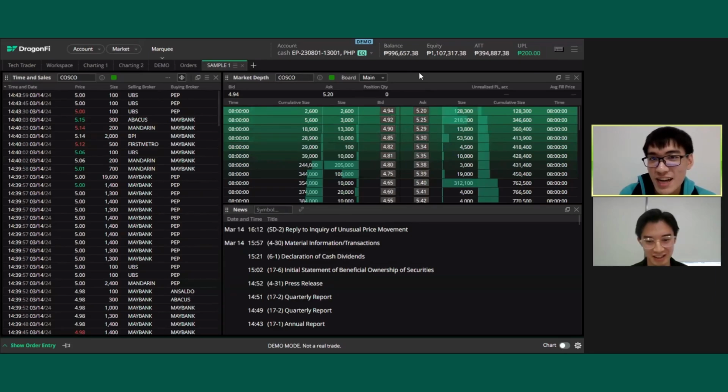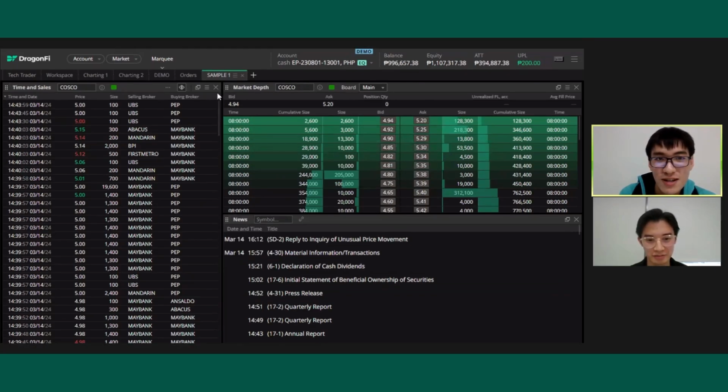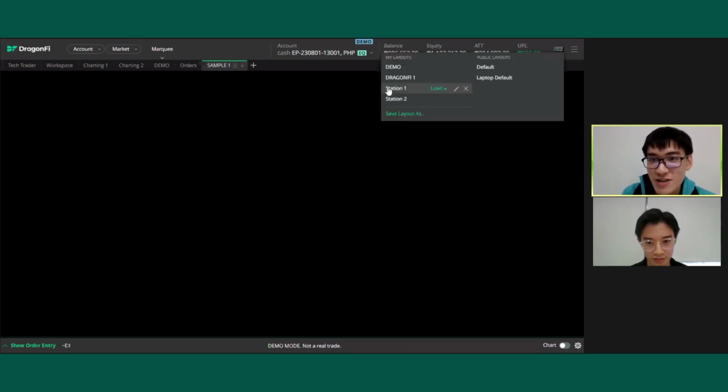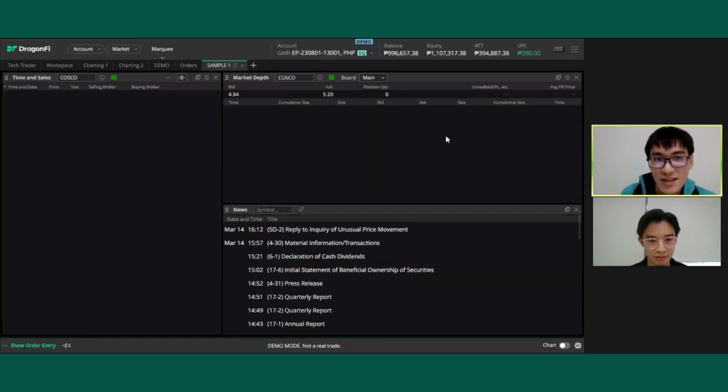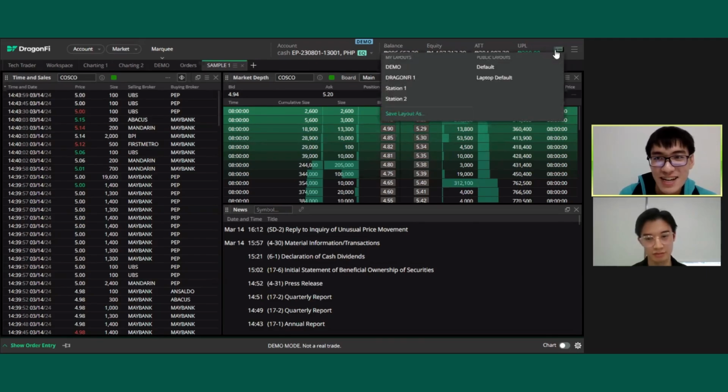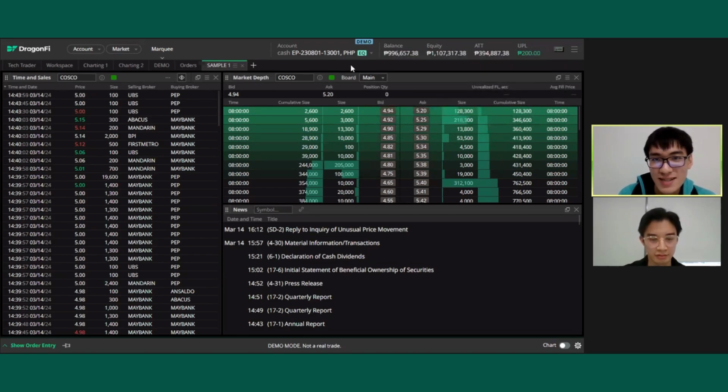So if ever you mess up, for example you accidentally delete everything, just go here and load Dragonfly 1. You just wait, and there it's back. So if you made a mistake, as long as you saved your layout, it's already there. Basically, that's how it works.